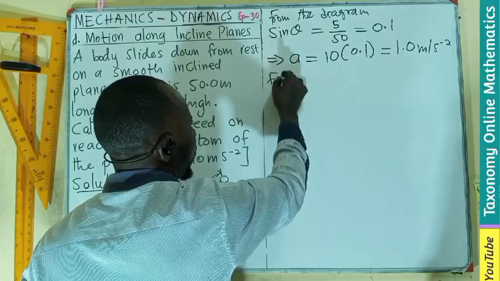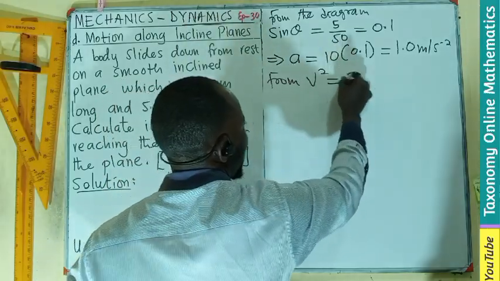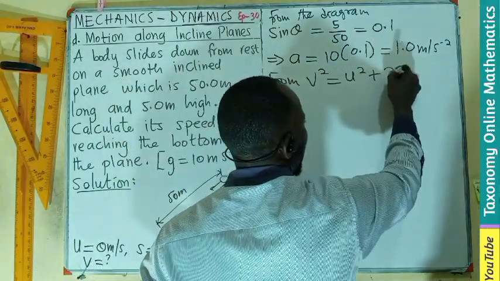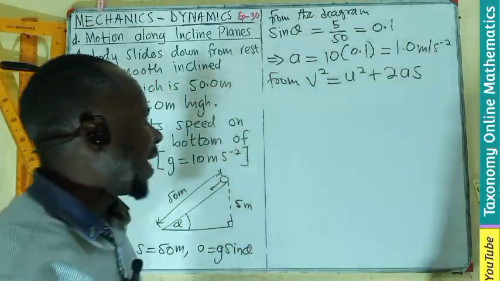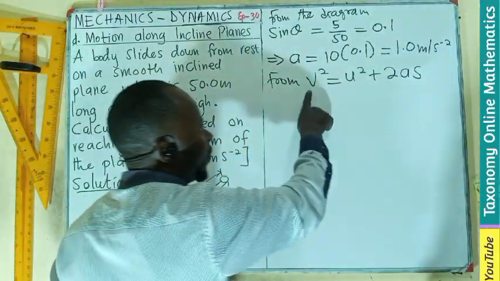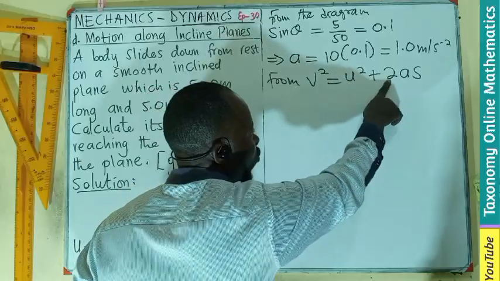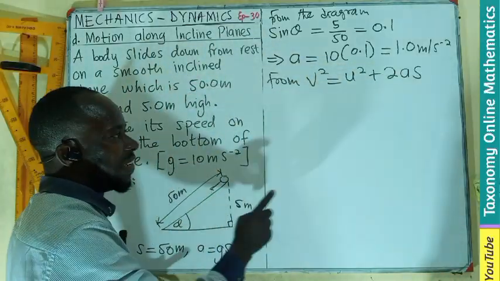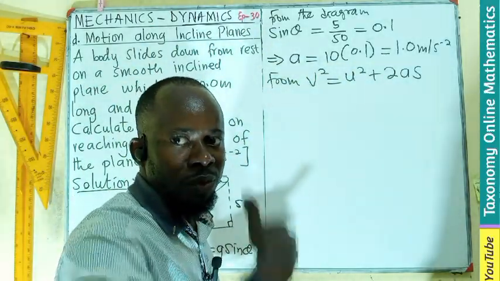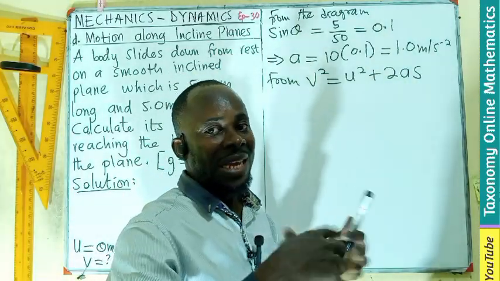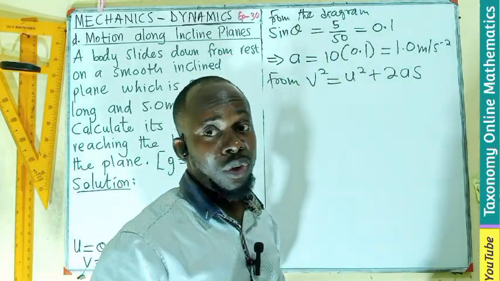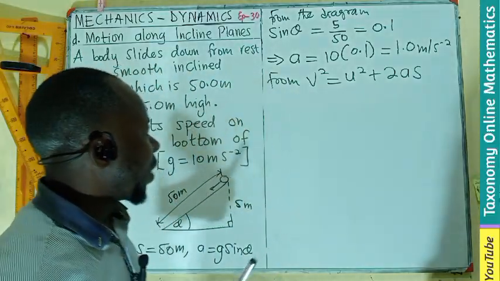So I say v squared equals u squared plus 2as, where the a, remember, is supposed to be 2g sine theta s. But because we already found the acceleration, that is why the a is here, just like the initial equation of motion.